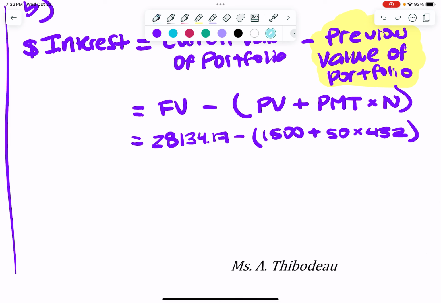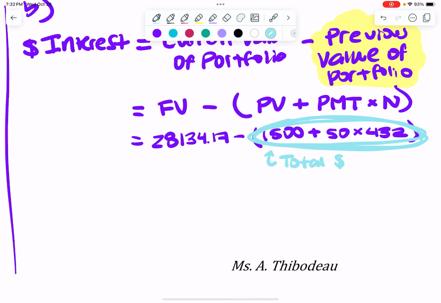I will point out, or I will remind you, that this is going to then also be the numerator of my rate of return formula if I was asked to calculate the rate of return. But this just tells me the total dollar invested, how much I actually invested altogether.